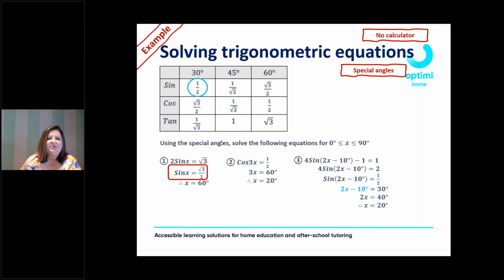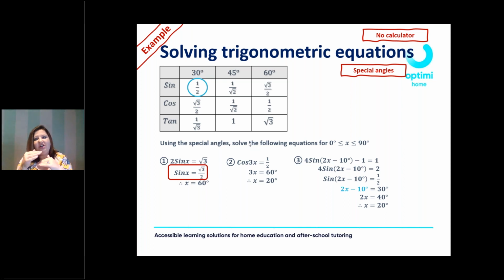Right, Kaylee is asking with question 2, would it make a difference if you first do the cos and then once you find the cos, you divide it by 3? Yes, it will make a difference, because it is not the whole expression that needs to be divided by 3. It's only the angle that is over there.